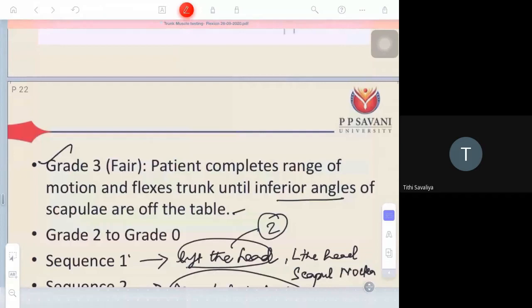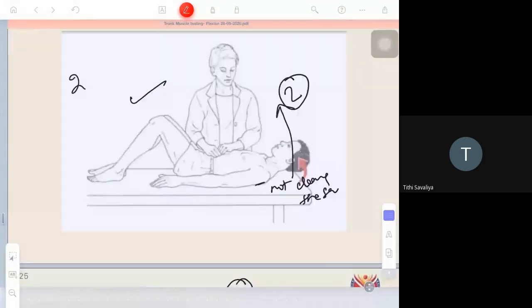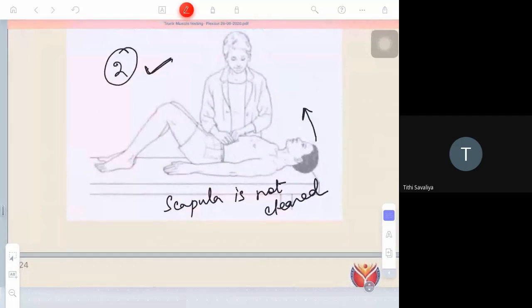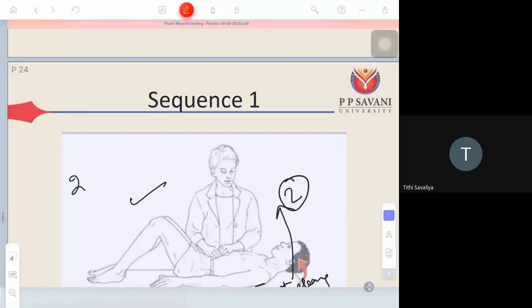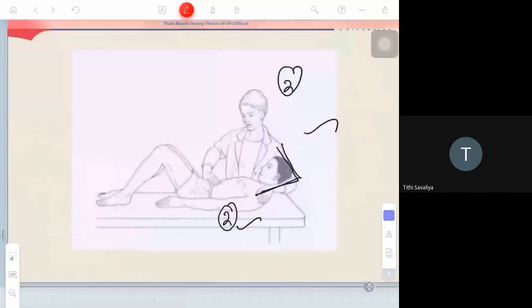So what is grade 2 we discussed? 2 to 0. This is the starting position. If he can lift the head and is not clearing the scapula, it is 2, and if he cannot lift the head, then you will assist and then ask the patient to lift.